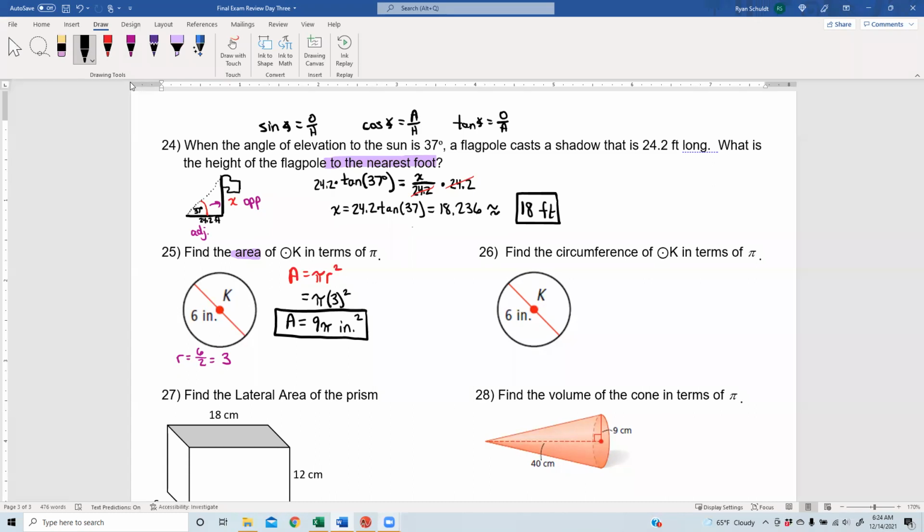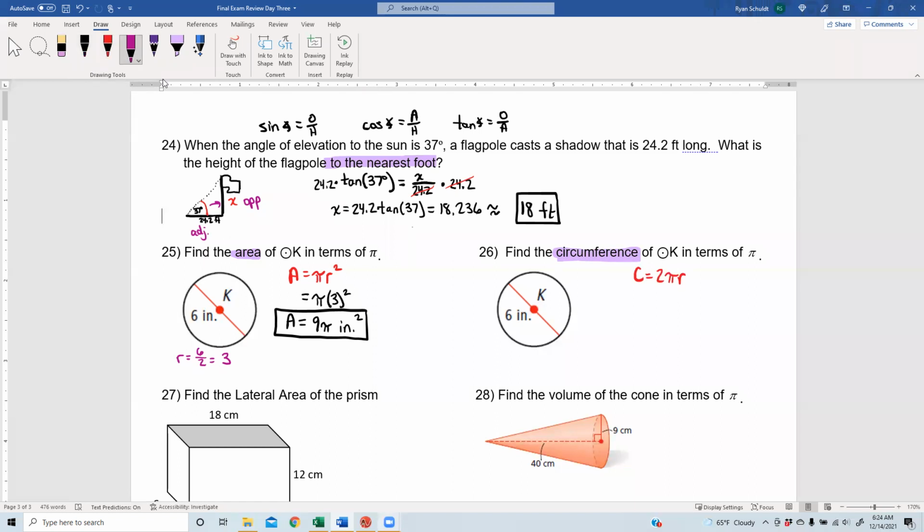Okay, 26, find the circumference of circle K. So now we do want circumference in terms of pi. Well, our formula for circumference is 2 pi r.